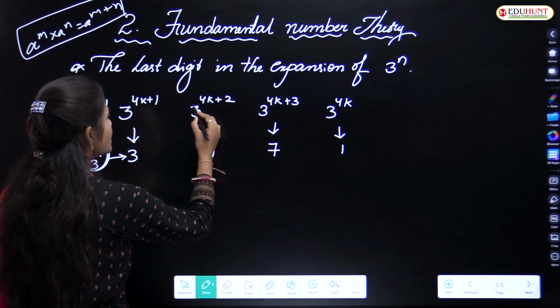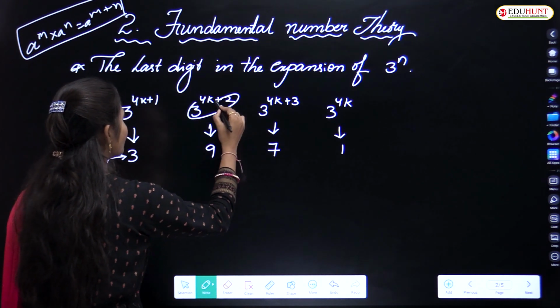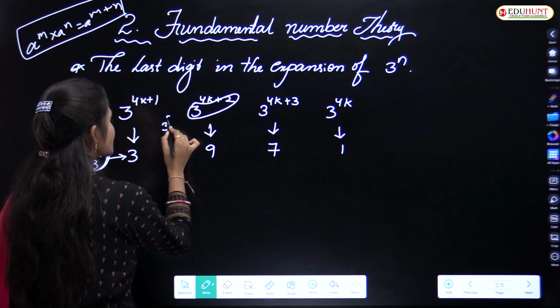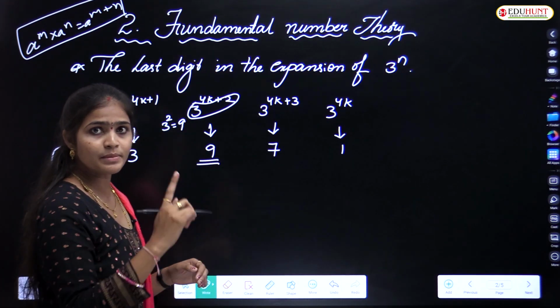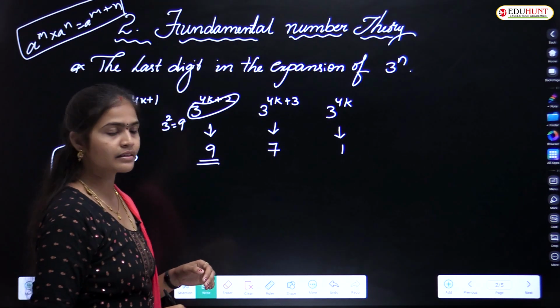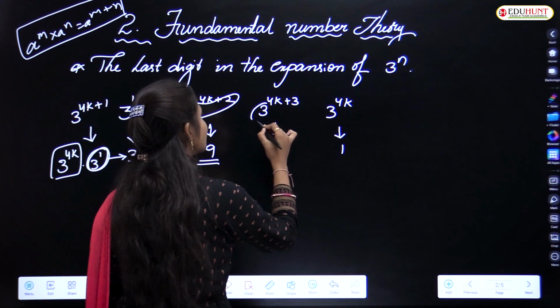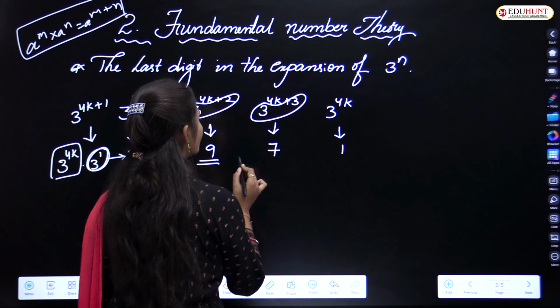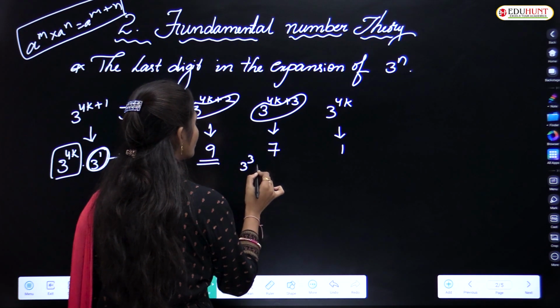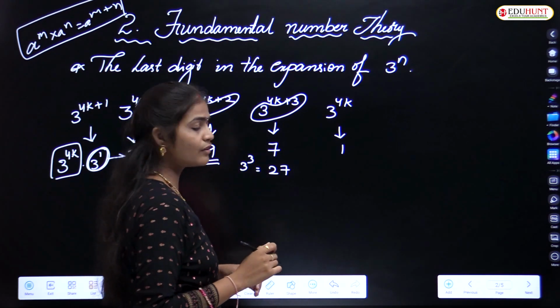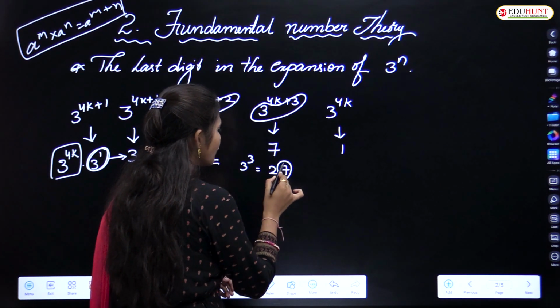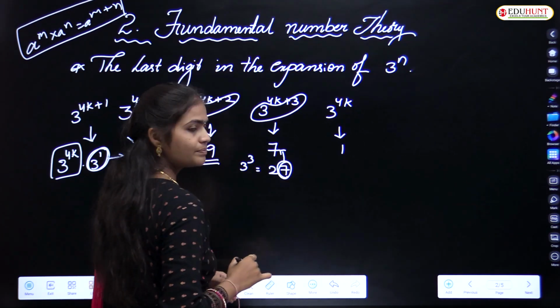Here also observe 3 square is equal to 9. For the units place digit you have to consider a single digit only. And here observe 3 cube is equal to 27. You take the last place digit, so the units place digit is 7.